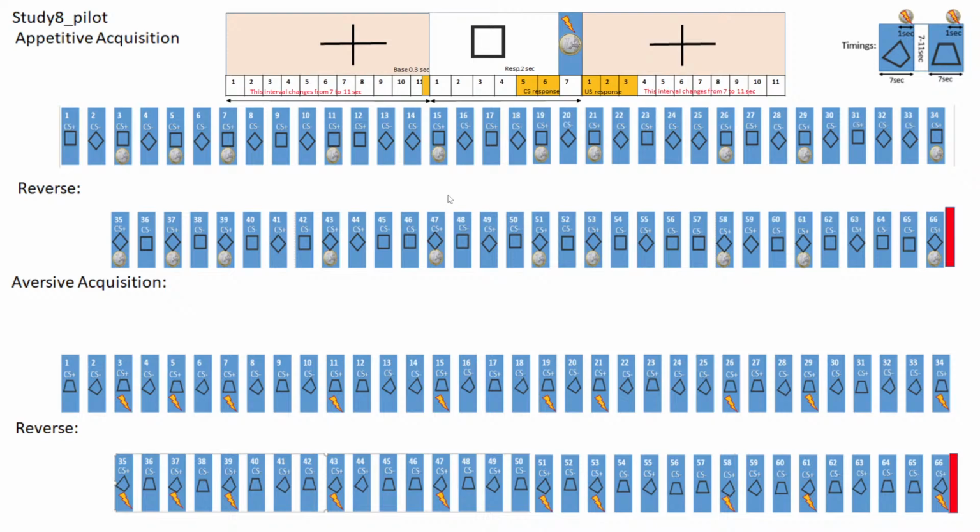So in this case, we'll probably have the opportunity to observe different types of prediction errors, positive and negative appetitive prediction error, and positive and negative aversive prediction error. So actually we're going to be able to observe all types of prediction error during this study.